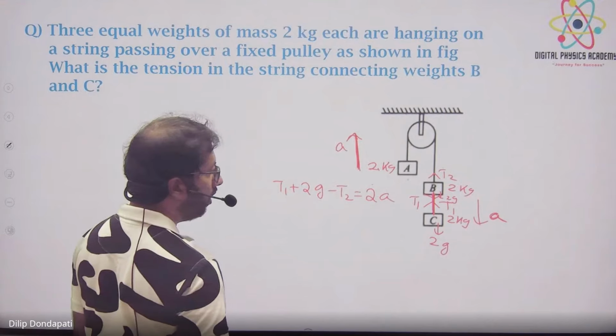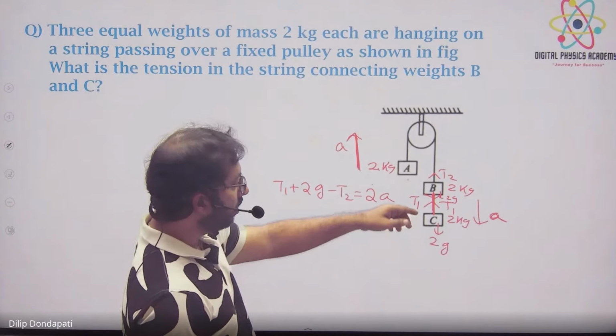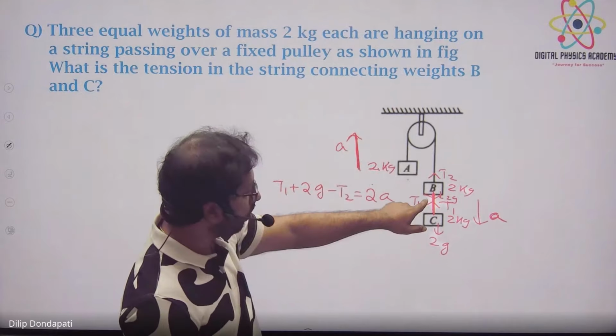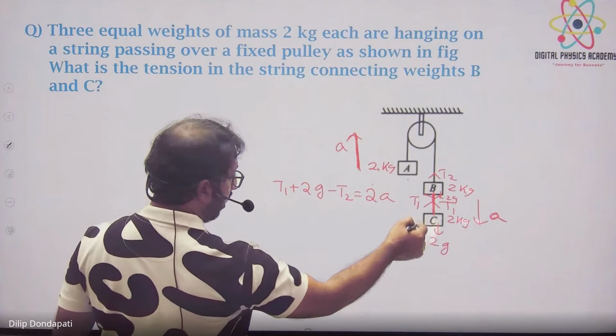Sir, but isn't T1 acting upwards? B के respect में tension is always away from the point, so downwards है.